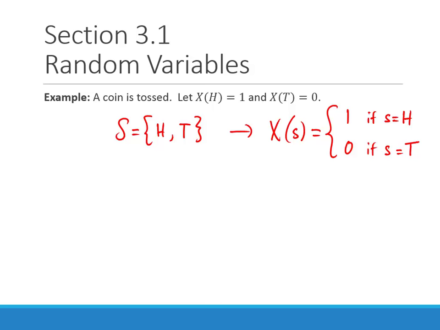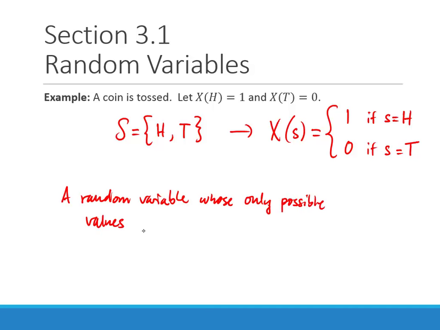And let me also note that the reason I'm showing you this example one more time is that this is a very special type of random variable, which we'll see later. A random variable like this one that only takes on 0 or 1 has a special name. A random variable whose only possible values are 0 and 1 is called... does anybody know what this is called?